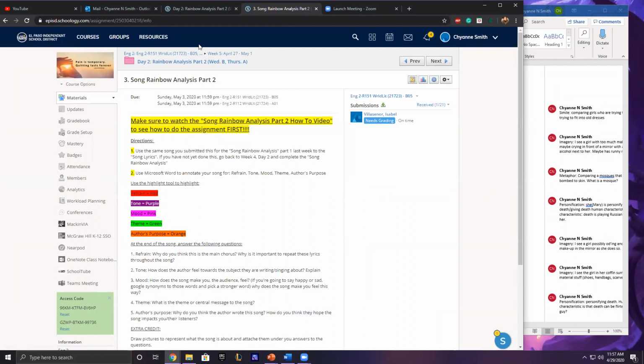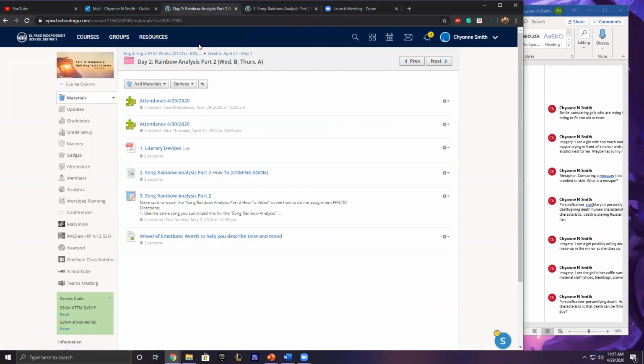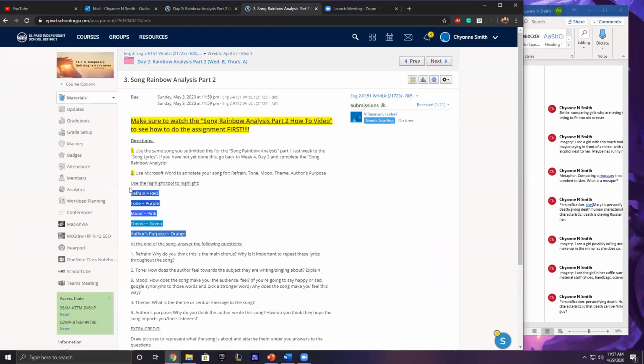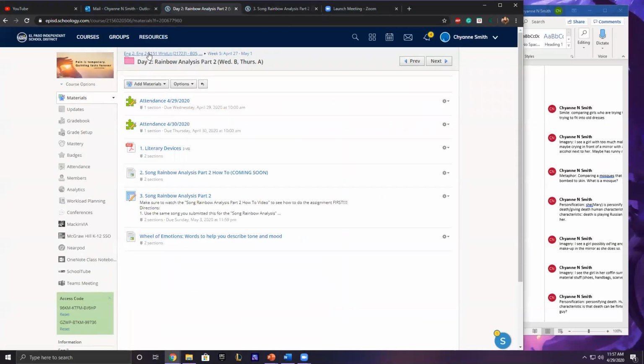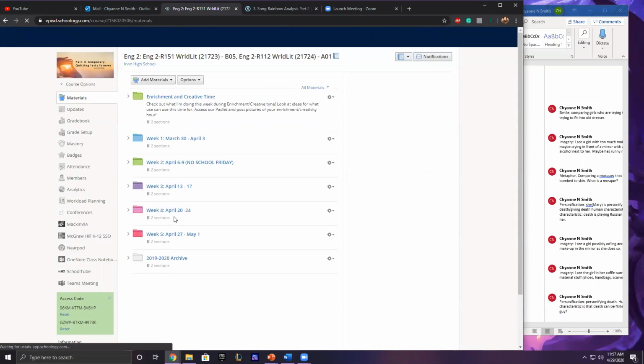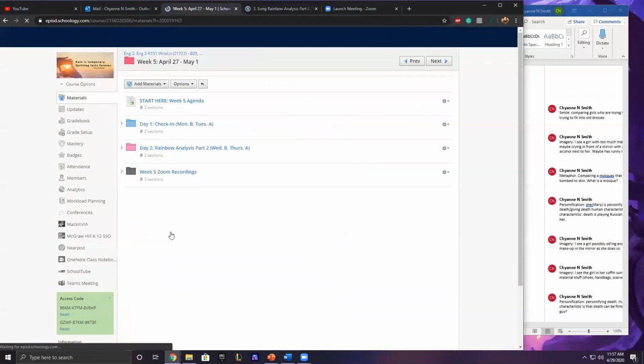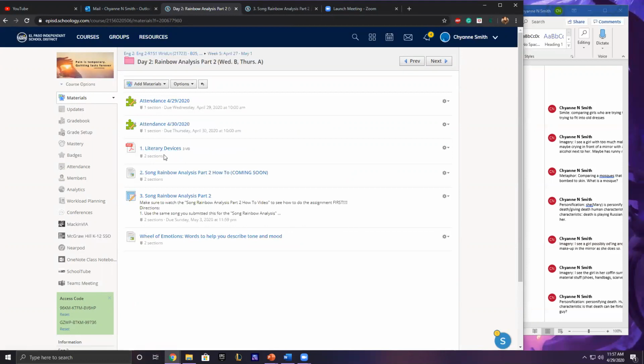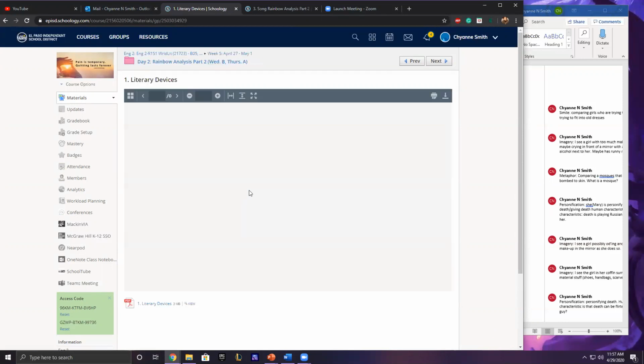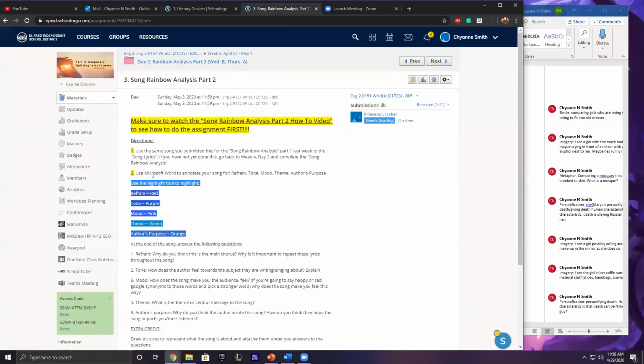But you can find the PDF for these terms here in the day 2 folder. So I'm still just in week 5, day 2. It's the same PDF that you used last week to learn about figurative language and imagery, but this time, like you'll see in the lecture, since we're only talking about refrain, tone, mood, and theme, and then author's purpose isn't in there.